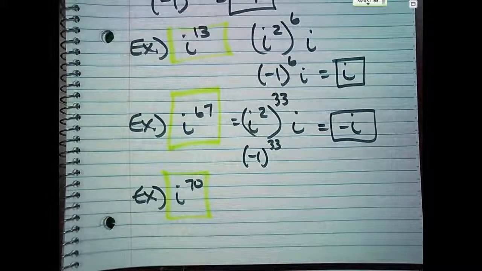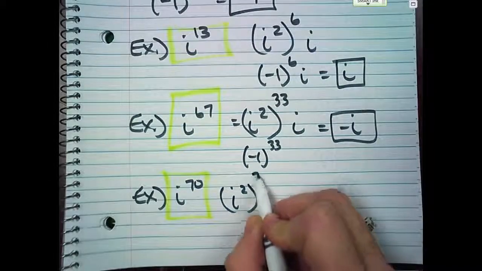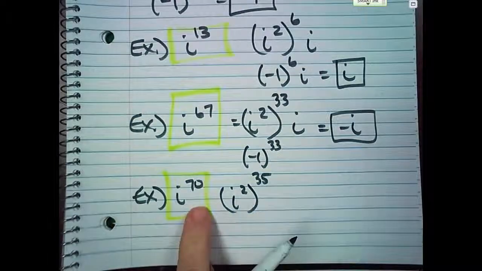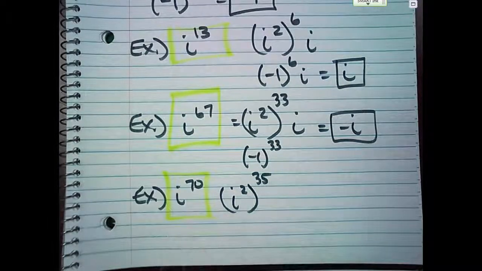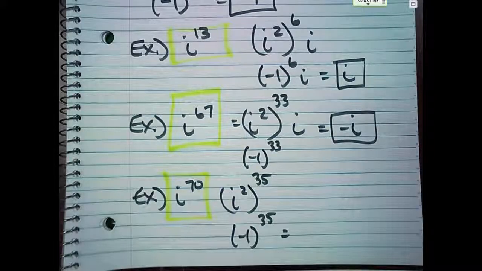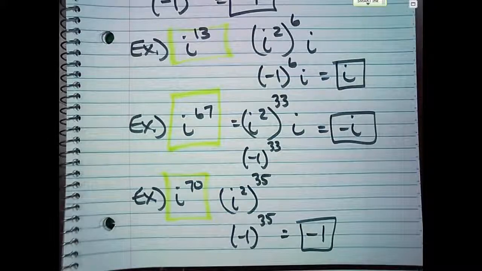Then you just have to decide, did you have an odd amount of groups or an even amount of groups? So how many groups of i squared are there? 35 groups. So wait, are there any left over? No. That's 70 i's. So -1 to an odd power is what value? -1.